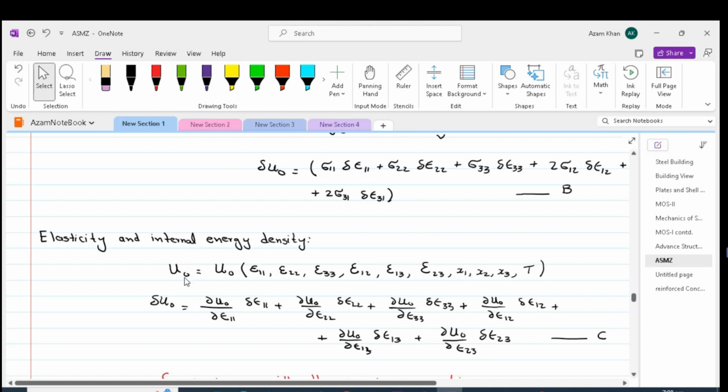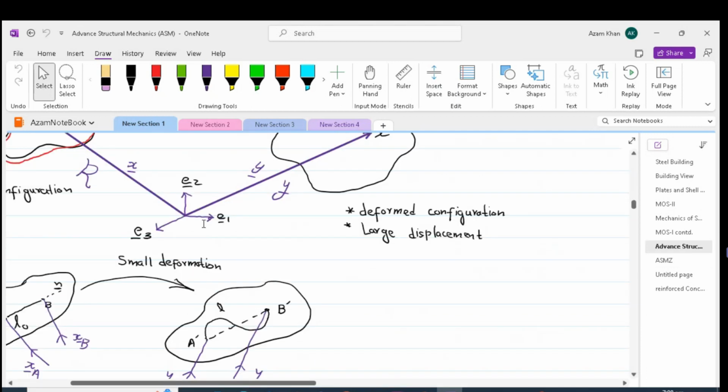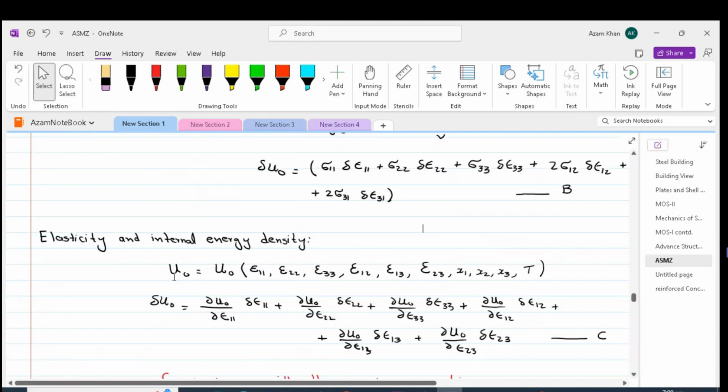Now, if we assume that the displacements u1, u2, and u3 undergo a small variation delta u1, delta u2, and delta u3, then our strain energy density function will also undergo a small variation.